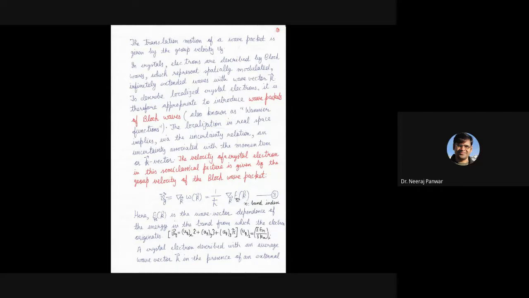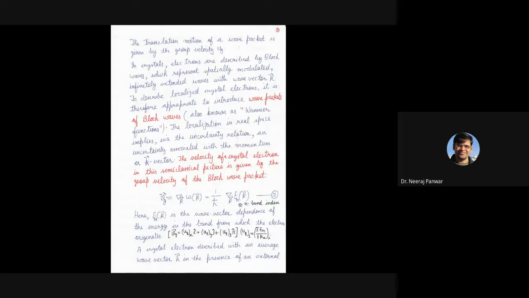If we take the reduced zone scheme, then we have different bands separated from each other by an energy gap. So we can have the same k value, but we need to describe which band we are talking about. If you remember the reduced zone scheme, different bands can have the same k value. Therefore, we need the index n.